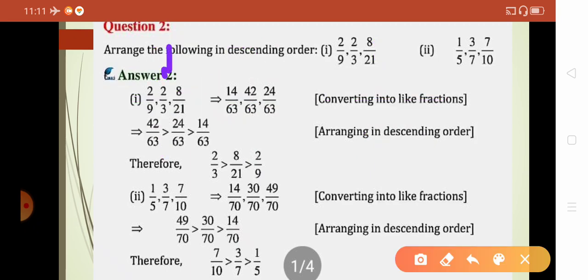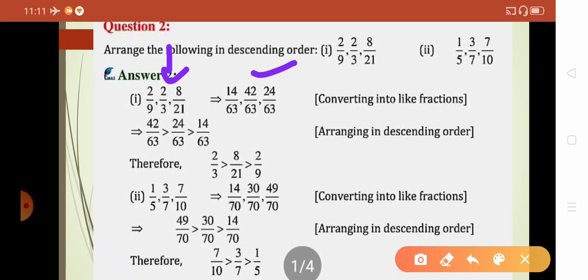To convert 2 by 3 to denominator 63, we will multiply it by 21. So 21 2s are 42 and 21 3s are 63. Again to convert 8 by 21, we will multiply it by 3, 8 3s are 24, 21 3s are 63. So we have converted these into like fractions. Now whose numerator is greater, the fraction is greater.